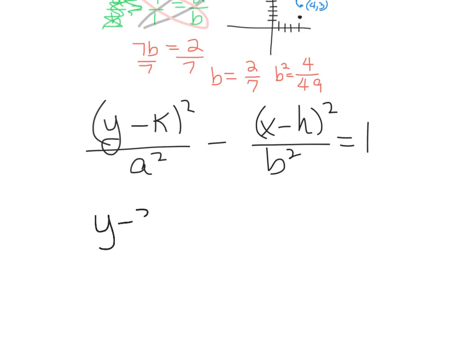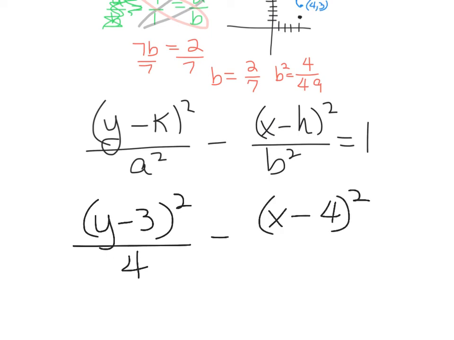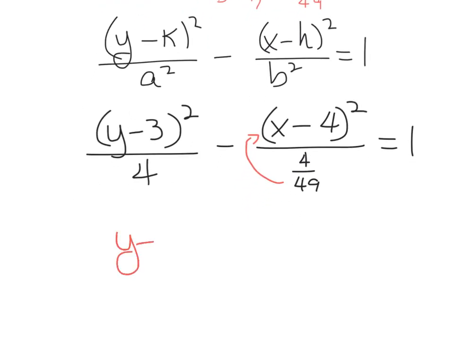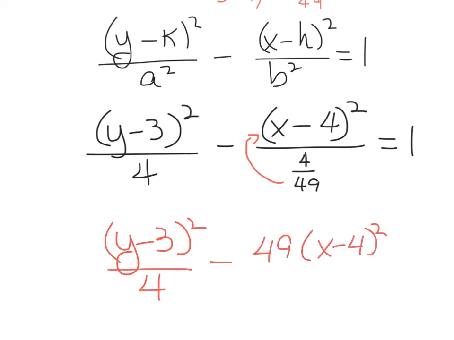So it's y minus 3 squared, my a squared is 4, my h is 4, and my b squared is 4 over 49. Again, we're going to flip the 49 up here. So y minus 3 squared over 4, 49 x minus 4 squared over 4 equals 1.